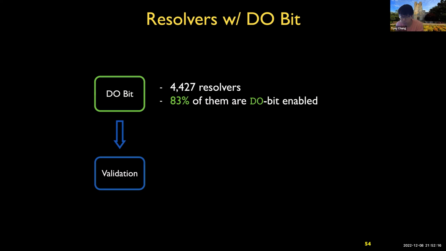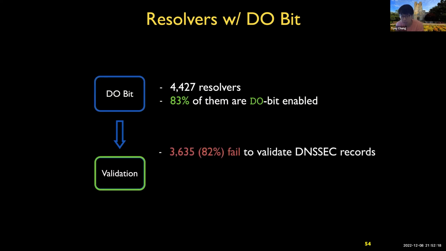But in reality, even if they enable the DO bit in the header, which means they are willing to accept all the signatures, which are much bigger than a typical DNS response, they just throw them away, right?